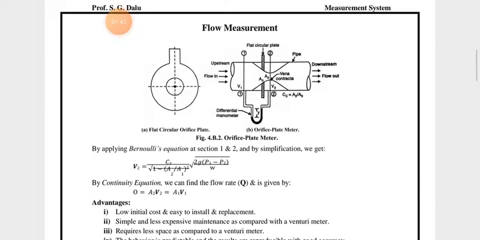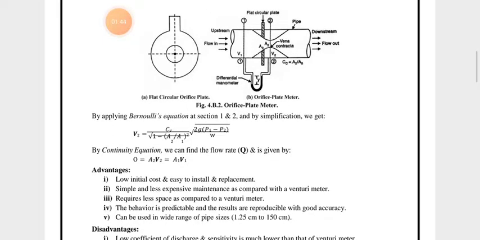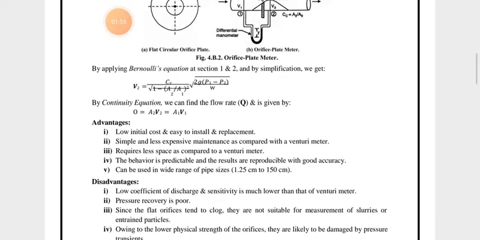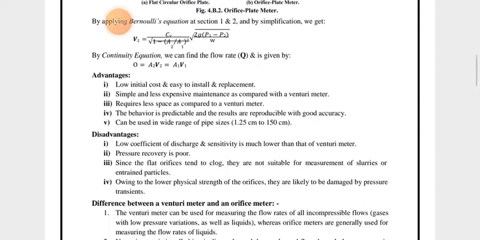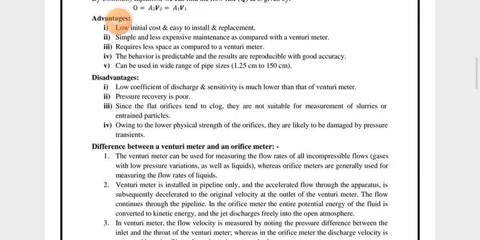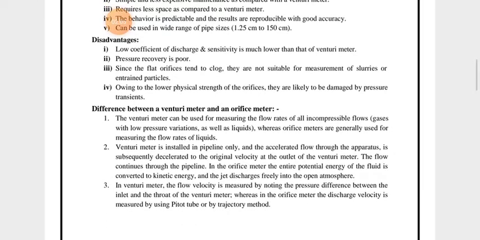In circular orifice plate, how the discharge is calculated by using continuity equation, and the velocity is calculated by using Bernoulli's equation, that we have studied. Then in addition to that, we have studied advantages and disadvantages of orifice plate over venturimeter. Then we have studied the difference between venturimeter and orifice meter.